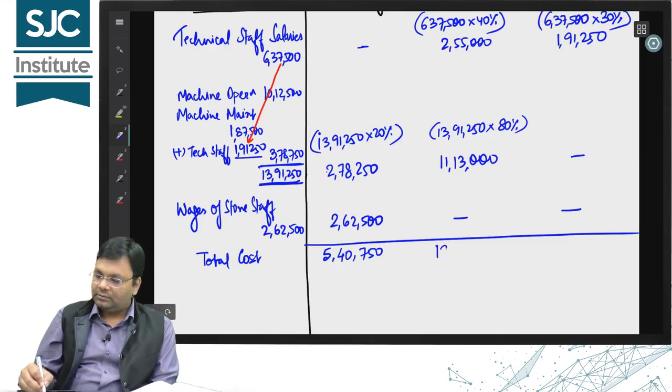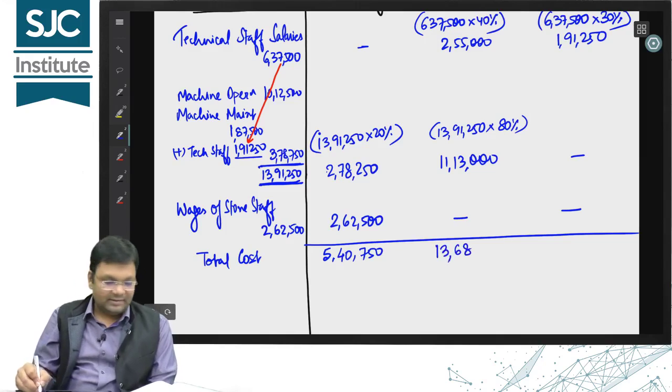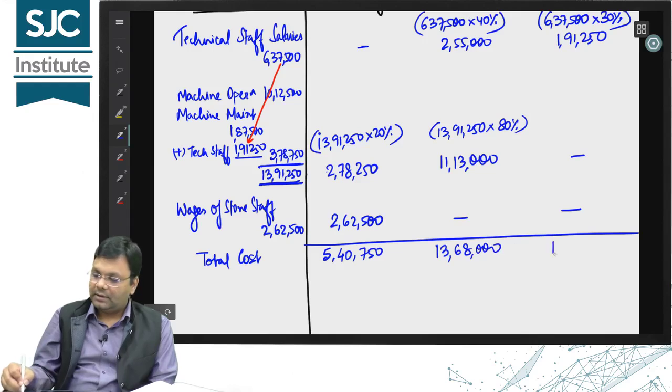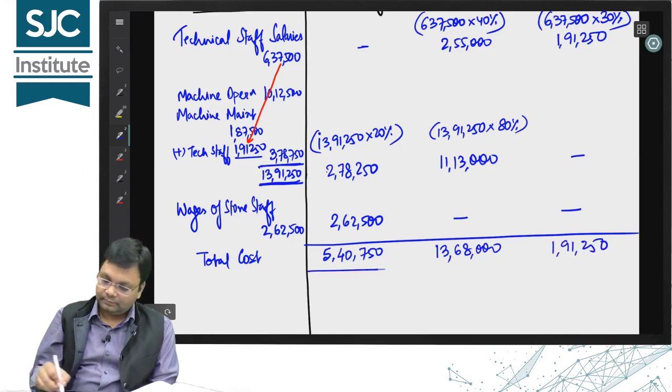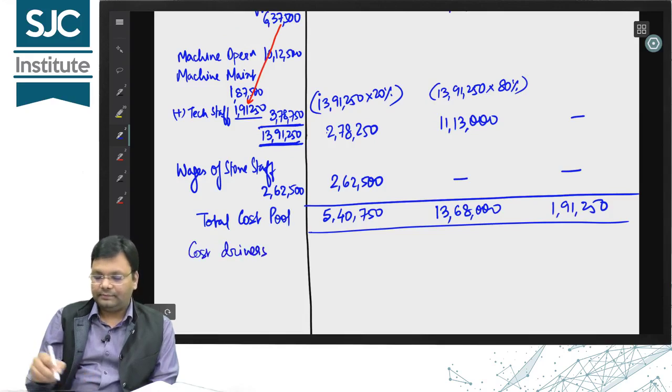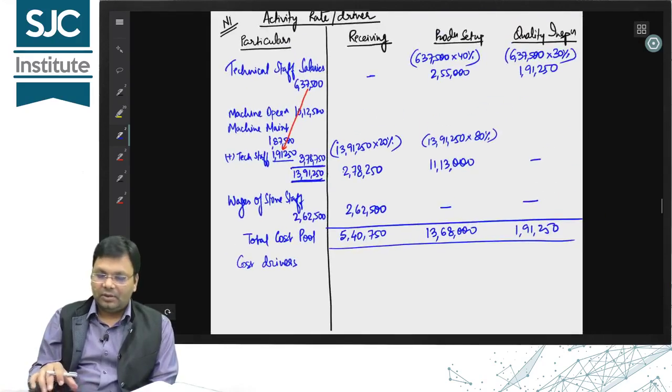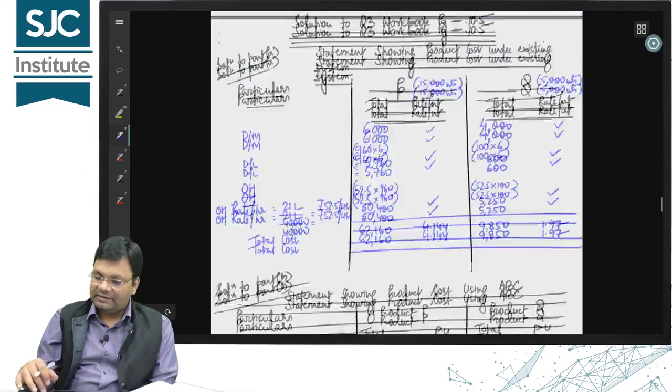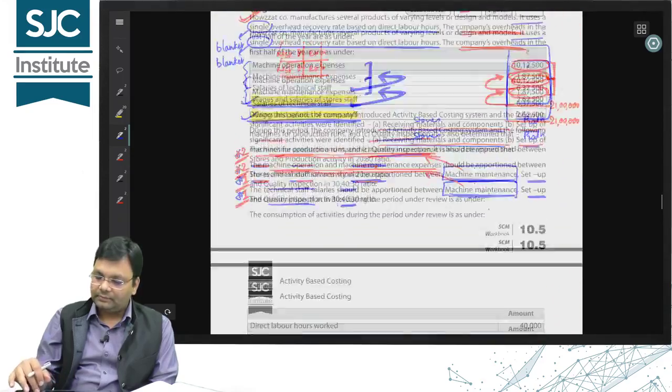Take the total 1368 and 191,250. This is only called the cost pool. Then we need to take their cost drivers, the total of which was given in your second table in the question.